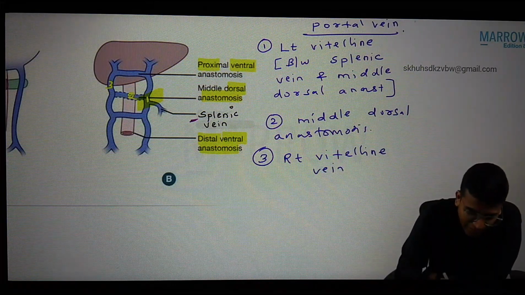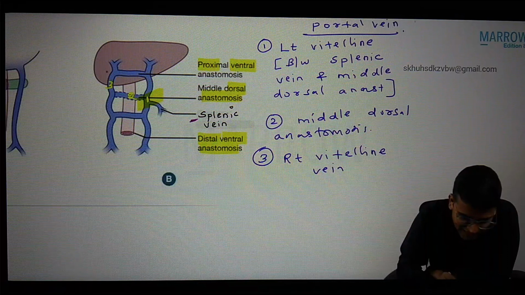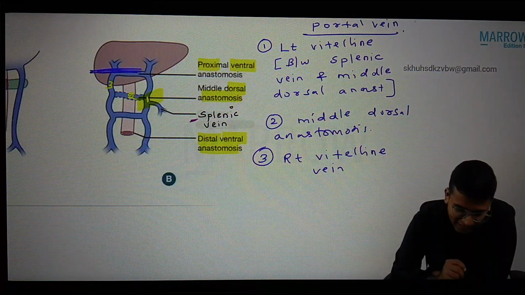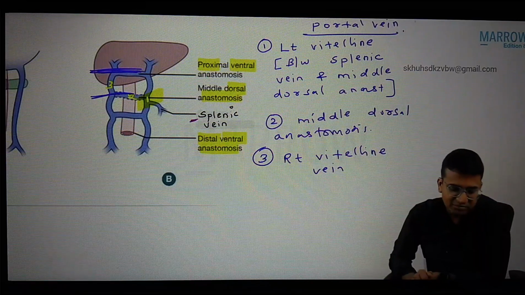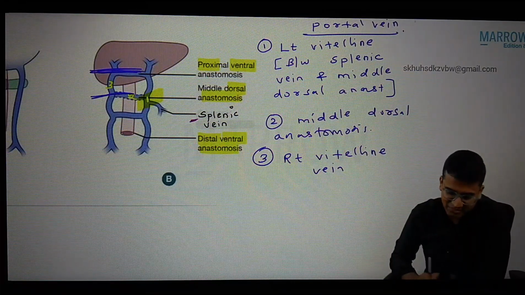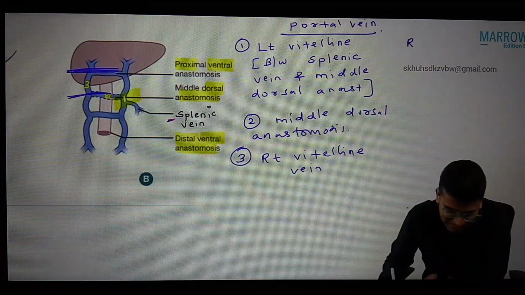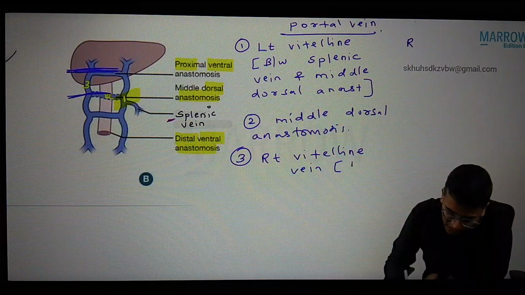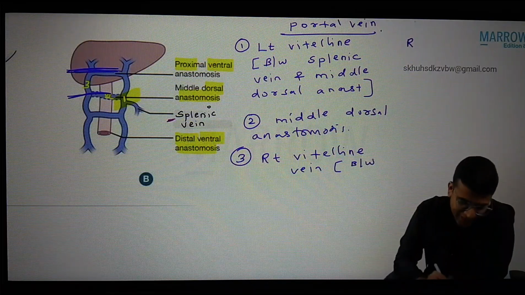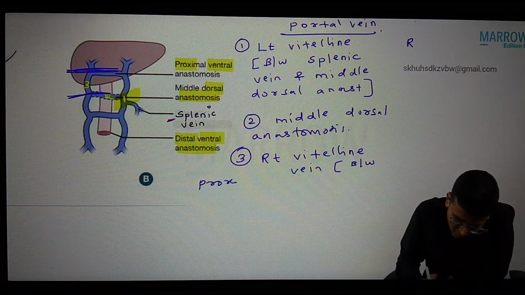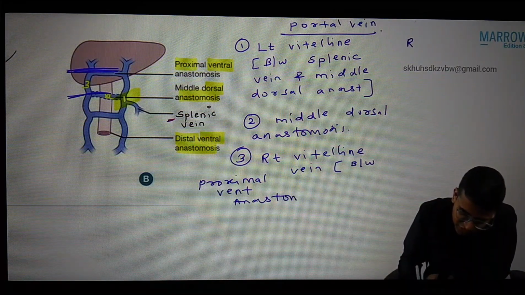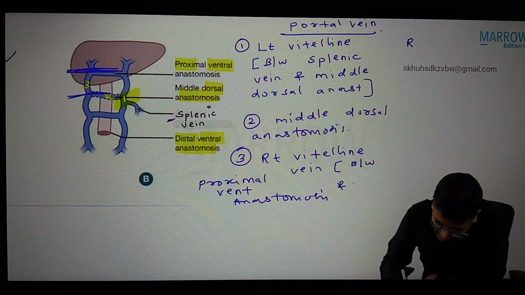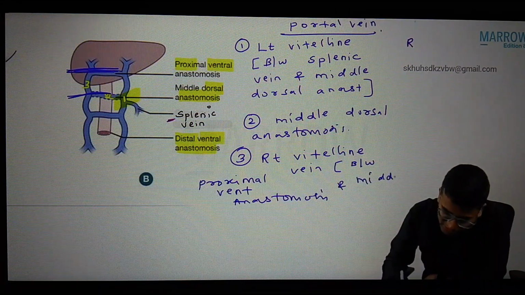Now this right vitelline vein is present between, see here, the proximal ventral anastomosis and middle dorsal anastomosis. That is number 3, no? So number 3 is the right vitelline vein, which is present between proximal ventral anastomosis and middle dorsal anastomosis.